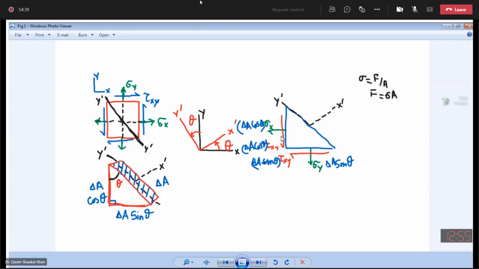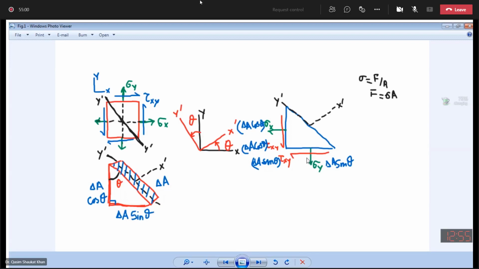Along this face, the component of area is delta A cos theta. So this stress will become sigma x delta A cos theta. This stress tau xy will become tau xy delta A cos theta. The area component along this face is delta A sin theta.